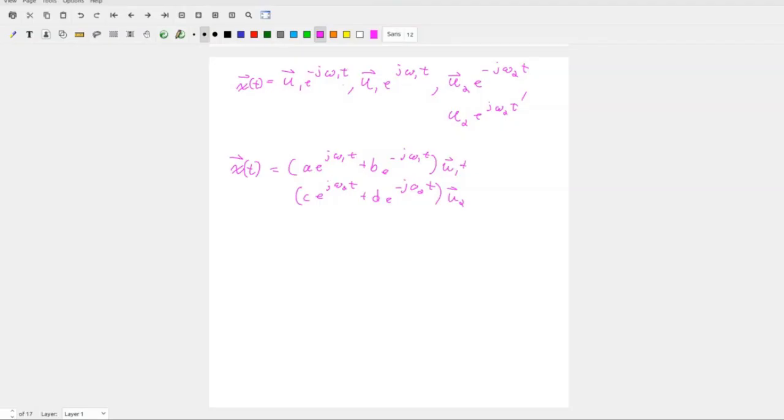So using Euler's formula for the sine function, where omega 1 or omega 2 is not equal to 0, because if that mass is not moving, we have an issue.